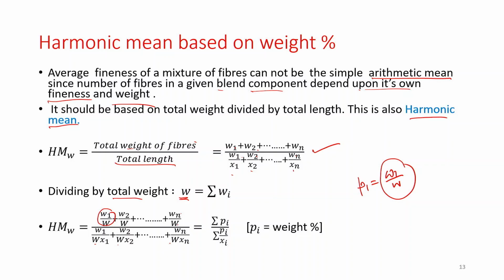P2 is similarly the proportion of fiber of category 2. So this becomes sigma Pi by sigma Pi by Xi, where Pi is the weight percentage. It could be proportion, or if we multiply it by 100, we can express it in terms of percentage also.